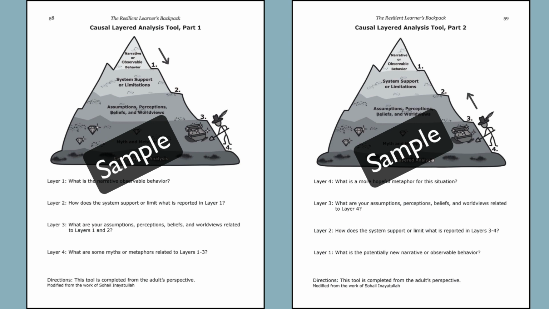And then ultimately our narrative changes. So there's a really good video coming up where I actually do this live with a staff. You can see how we're talking about a student, and how we are first unpacking those assumptions and then rebuilding based on a new, more hopeful metaphor.